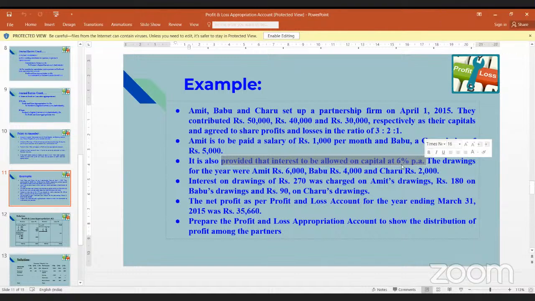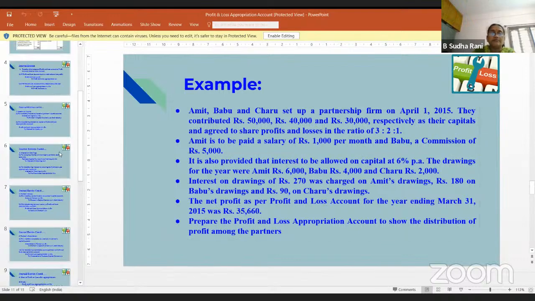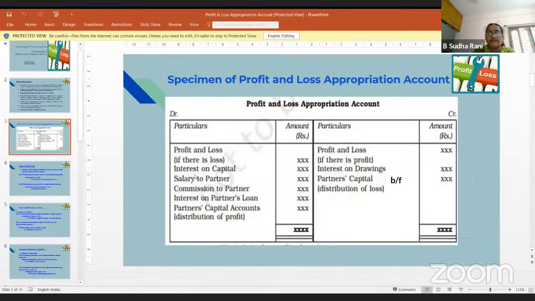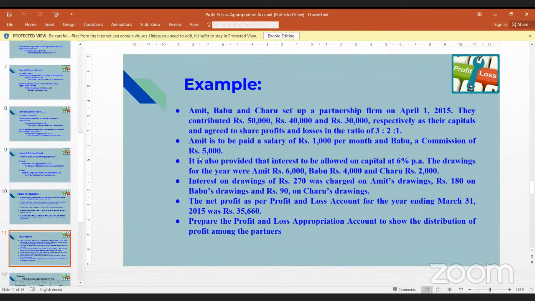So, in the P&L appropriation account, on the debit side, write down partners capital account, in brackets for interest on capital. Debit side only.